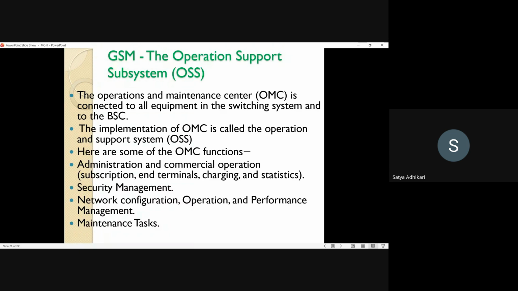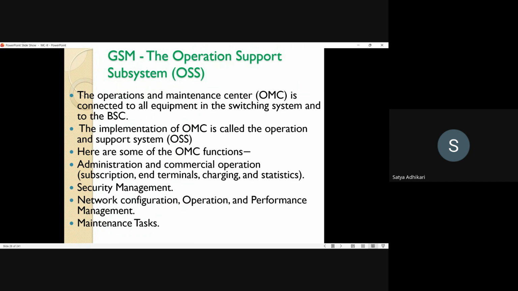The OSS, the operation support subsystem, is the last part of the GSM architecture. The operation and maintenance center OMC is connected to all equipment in the switching system and to the BSS. As the name suggests, the operation subsystem is responsible for overall operation and control of all the operations.